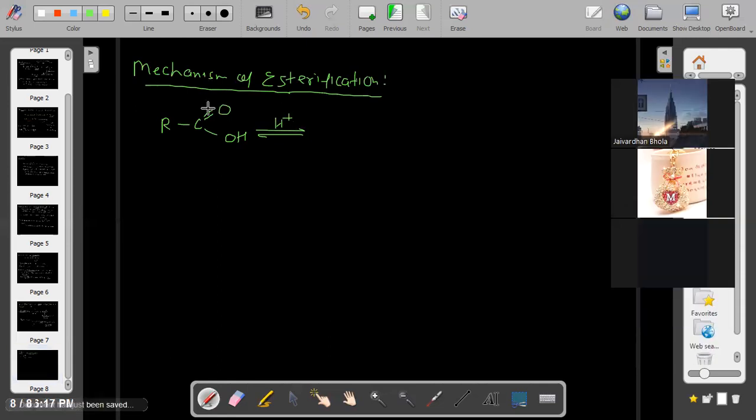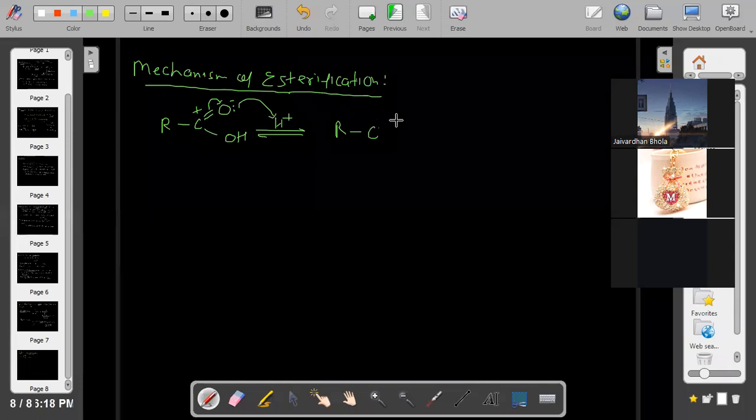The oxygen is electronegative, so electron density comes toward it and the proton attaches. Then you get RC(OH)OH with a positive charge.